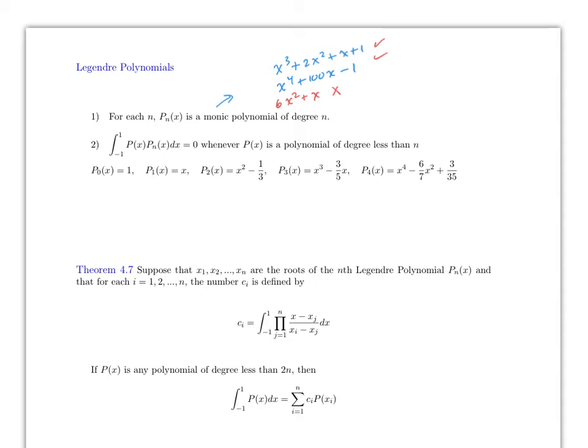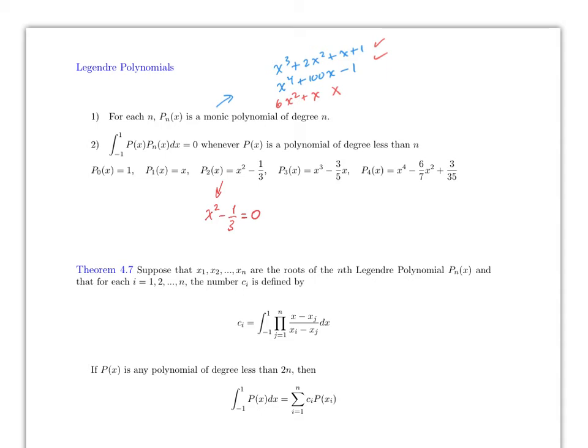Now these polynomials are going to give you the x values, and then you're going to use the x values in the next step to find the coefficients, the c values. For example, for this one, you can see x squared minus 1 over 3.